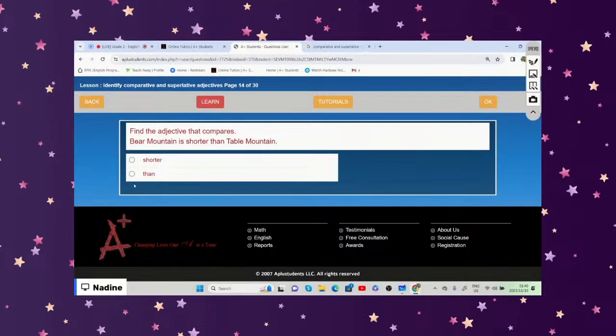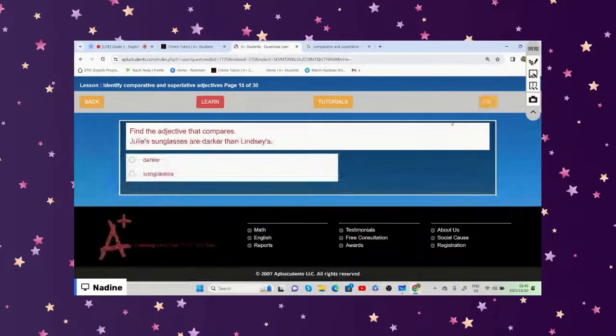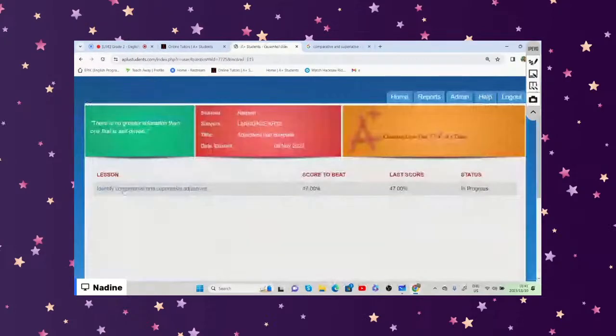So shorter. Julie's sunglasses are darker than Lindsay's. And that is us comparing adjectives, right?